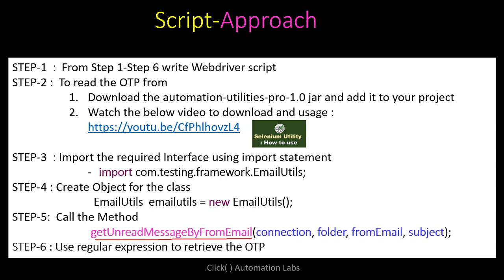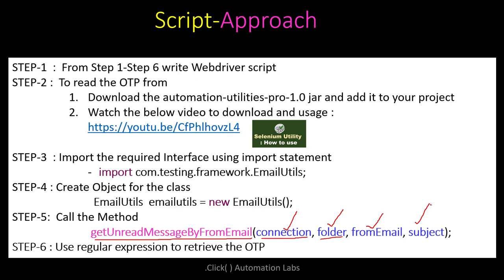Generally, if you say forgot password, you may receive a message from Microsoft support or Google no-reply, so pass the email it was generated from as a parameter, and establish a Gmail connection. I will tell you how to establish this. The folder is obviously the inbox, and then the subject line.